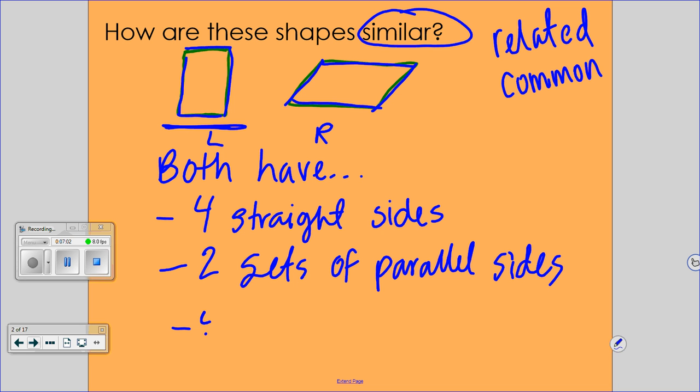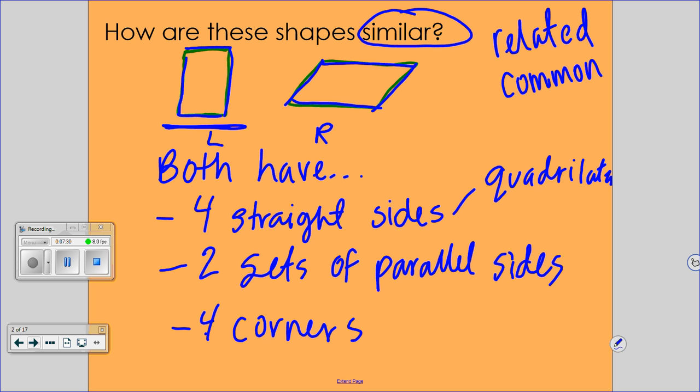Lindley? The left has square corners. Does the right have any square corners? No. But they do both have corners. Just one has special corners and the other one doesn't. Gabriella, anything else? They're both quadrilaterals. Because of those four straight sides, we can call them quadrilaterals.